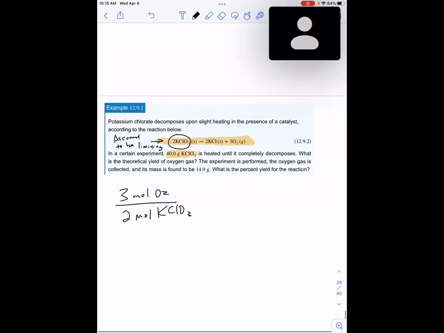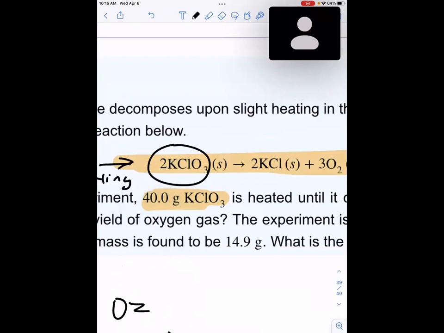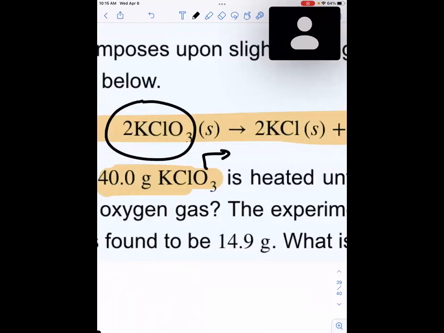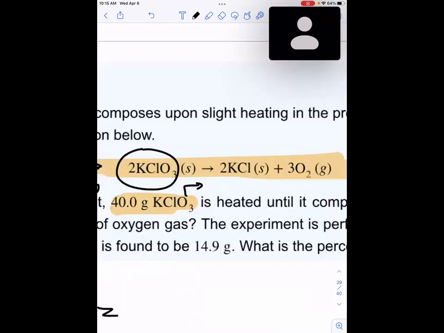That's the stoichiometric ratio I'm going to use to find out how much oxygen I'm going to get from 40 grams of potassium chlorate. So we need to convert grams into moles, because we got 40 grams, and we can't use the stoichiometric ratio with any unit other than moles.